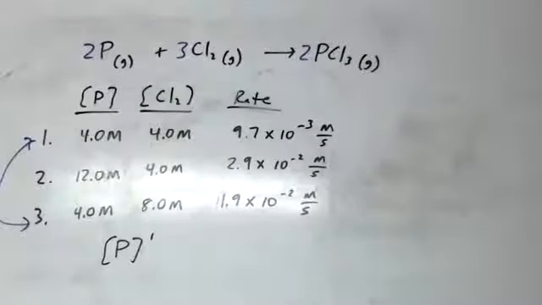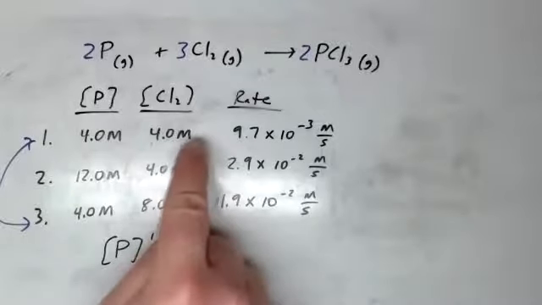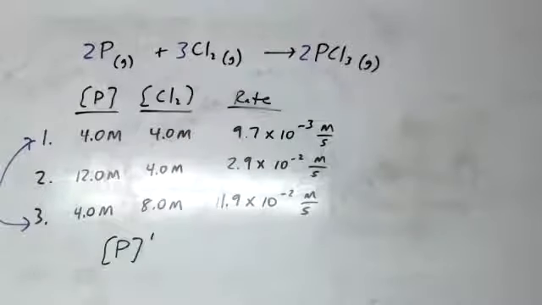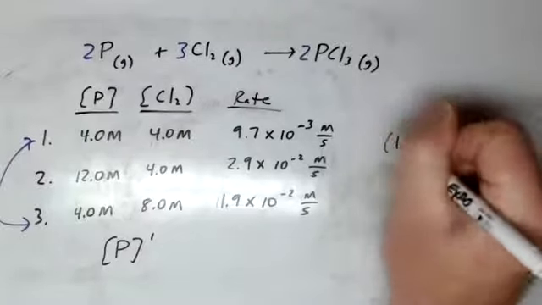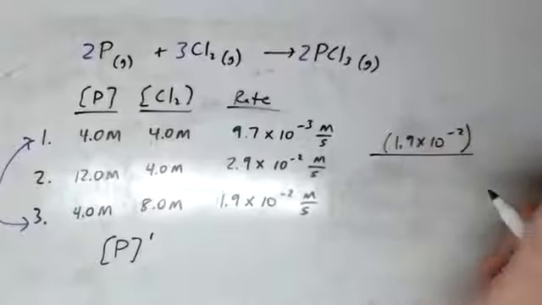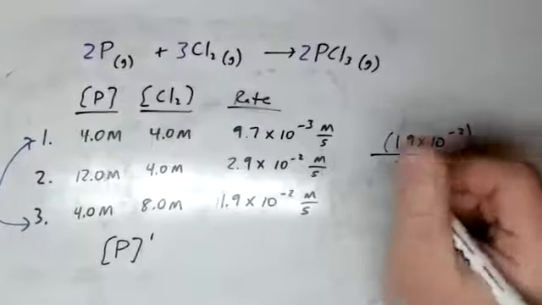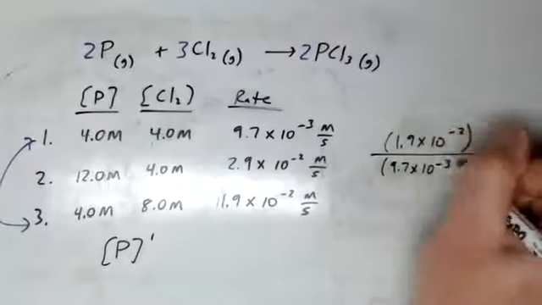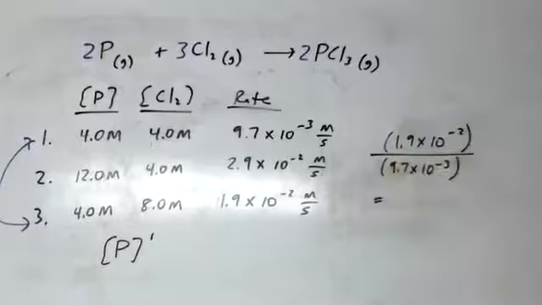And again, if you can't eyeball this, try doing it mathematically. So going from experiment 1 to experiment 3, we doubled our Cl2 concentration from 4.0 to 8.0. In that same interval, what happened to the rate? Just do 1.9 times 10 to the negative 2 divided by 9.7 times 10 to the negative 3, making sure to include those parentheses.